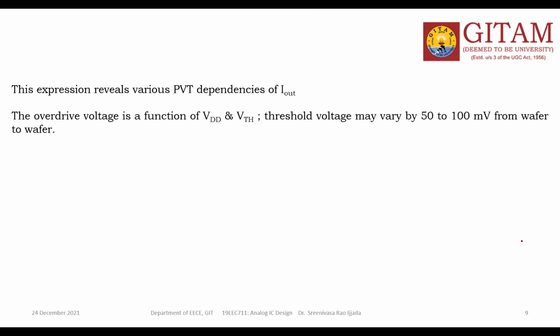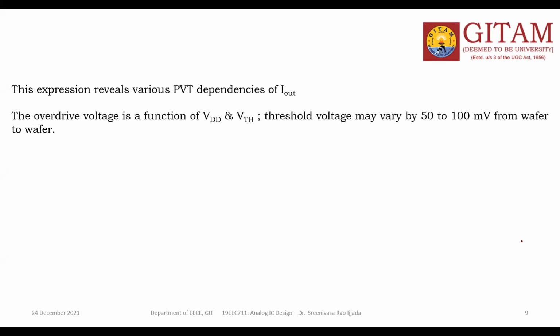The overdrive voltage is a function of VDD and VTH. What is inside the bracket? VDD by R1 plus R2 into R2 minus VTH, squared. What is inside the bracket is generally called the overdrive potential. So there are two terms, one is VDD and one more is VTH.